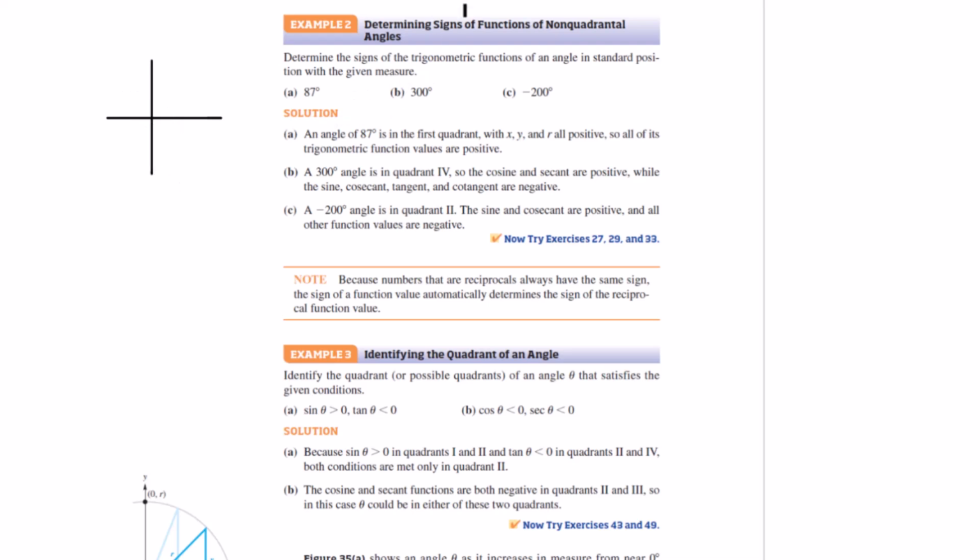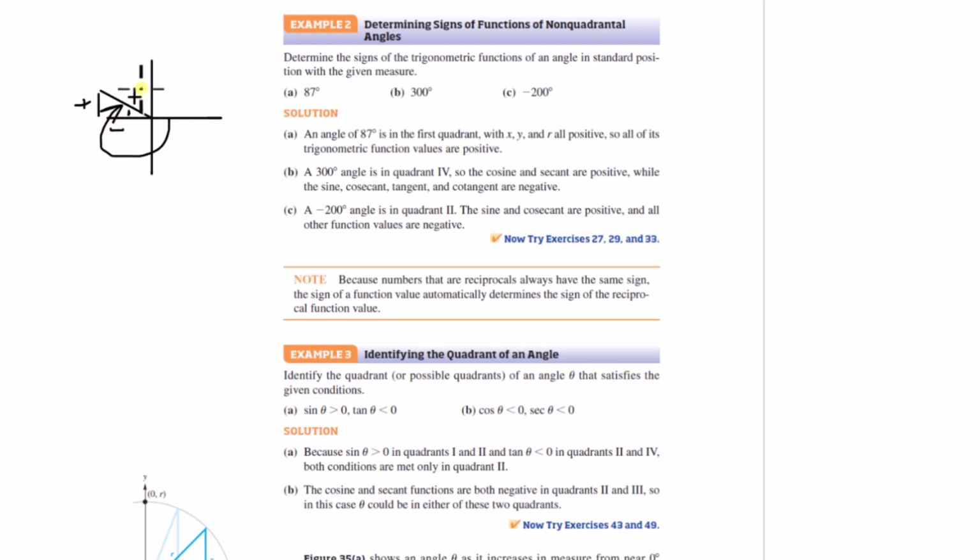Okay, negative 200. So, okay, 180, and then you just go 20 degrees, so you're around here. You've got quadrant 2, so you've got a negative x, positive y, positive hypotenuse, and so you just do the same thing. This is the angle, but you come to this angle and do the SOHCAHTOA, honoring the signs.